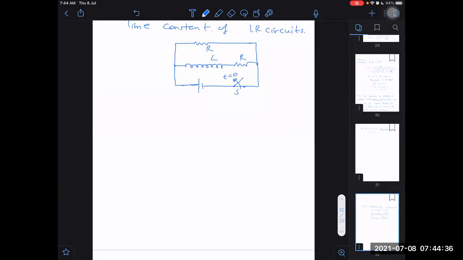This is here some battery V0. Can you tell me what is the time constant? Or let us do one thing here. That will be better, I think.